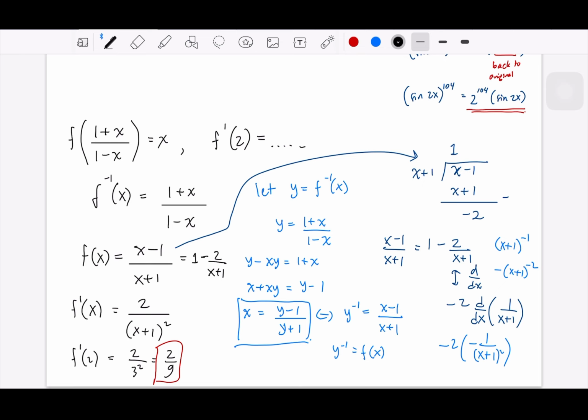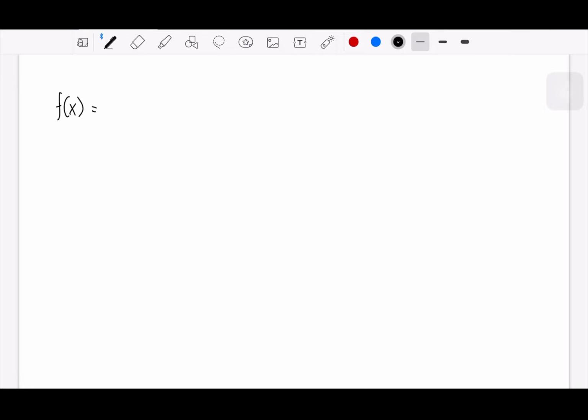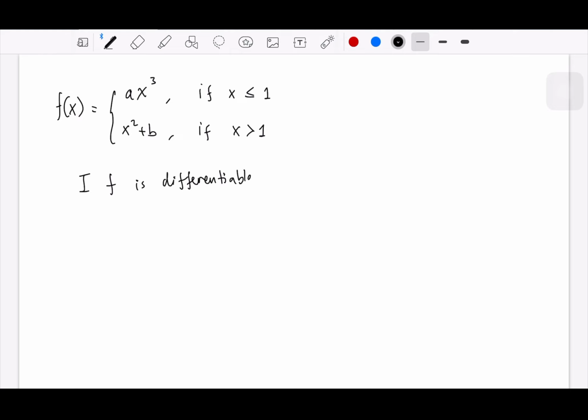Okay, let's see other example. Okay, let me go through. If f is differentiable on all real number, then a, b is, so basically we need to find the constant of a and constant of b.